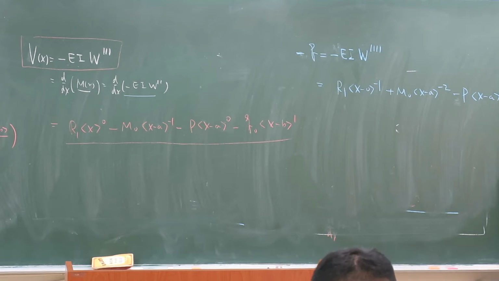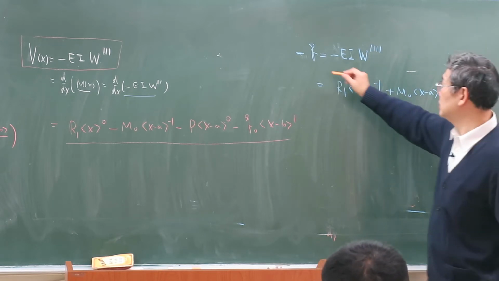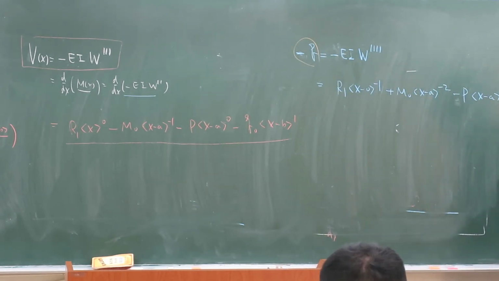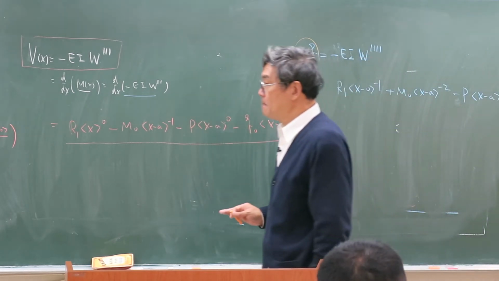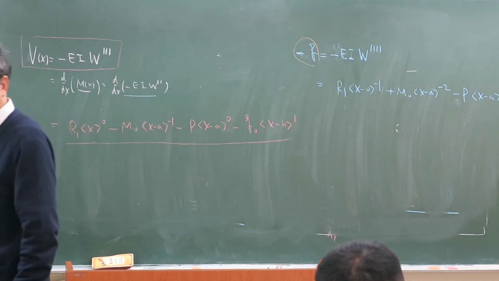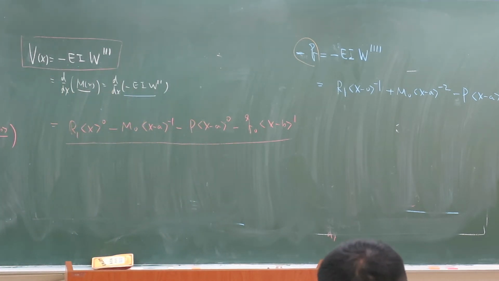Okay, so you can see the dimension of this Q should be the same, and this is 0 order. Dimension should be matched. So that's why I just showed you the derivative and the integration of this half-range function. Okay, so that's the purpose.